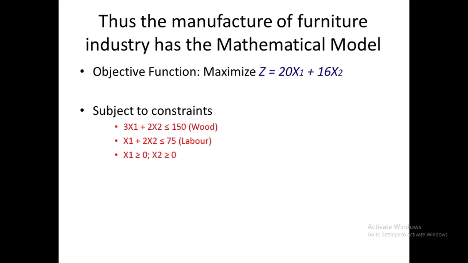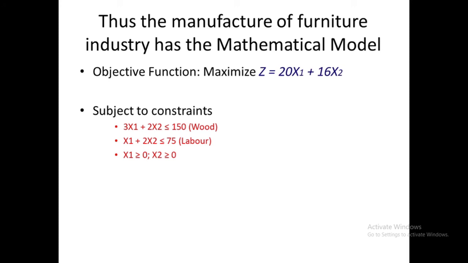Thus the furniture manufacturer has the mathematical model: every industry has the role of maximizing profit, so maximize z = 20x1 + 16x2 subject to the constraints 3x1 + 2x2 ≤ 150 for wood, and x1 + 2x2 ≤ 75 for labor, where x1 ≥ 0 and x2 ≥ 0.